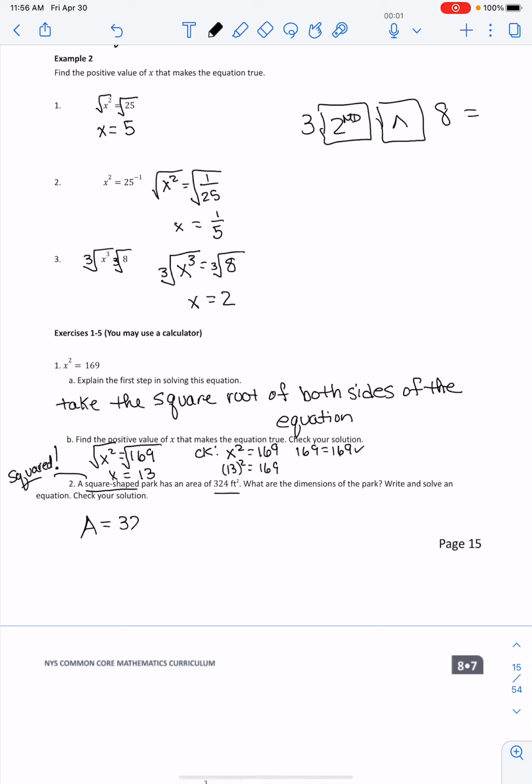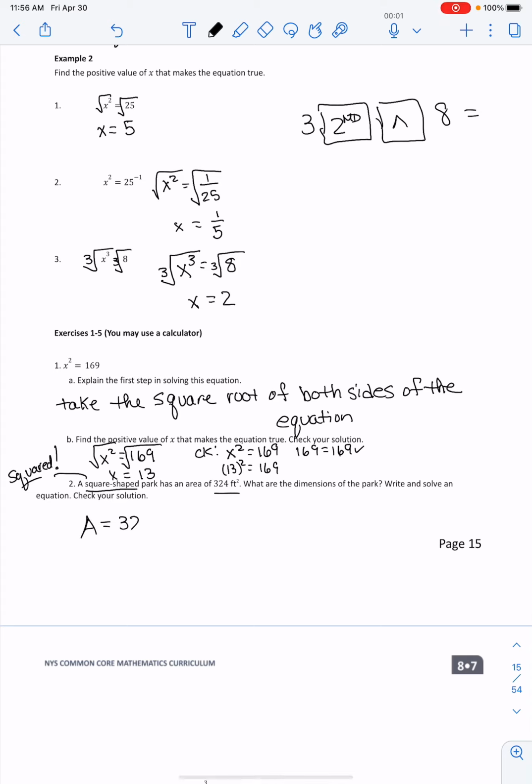So now, my next equation is x cubed equals 64. So I'm going to take the cube root of both sides. So x equals 4. To check it, x cubed equals 64. 4 to the third power equals 64. 64 equals 64, and it checks.